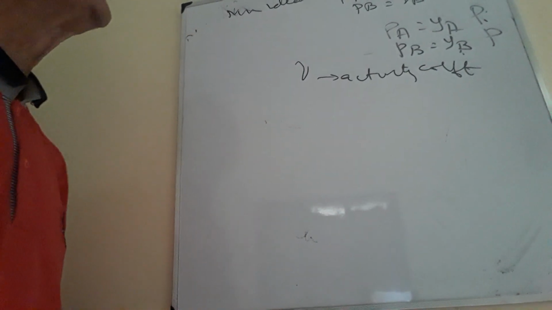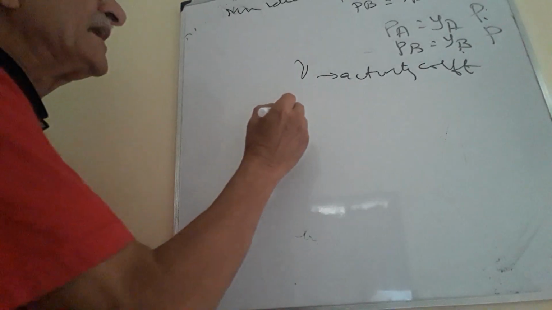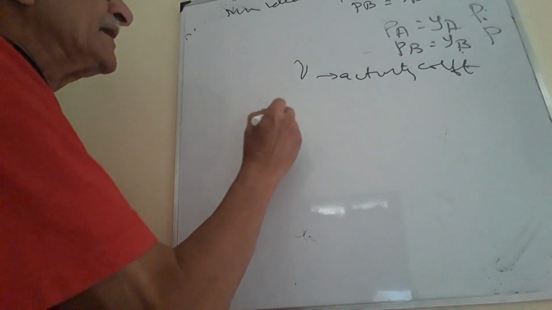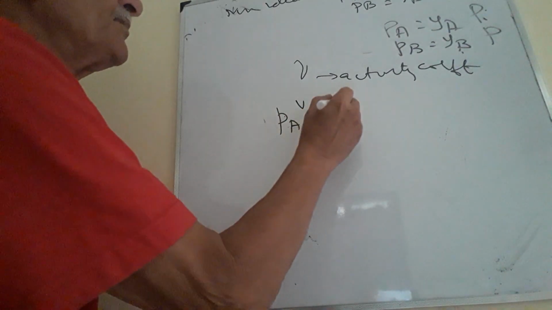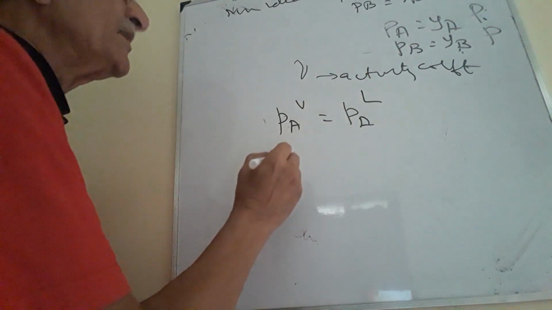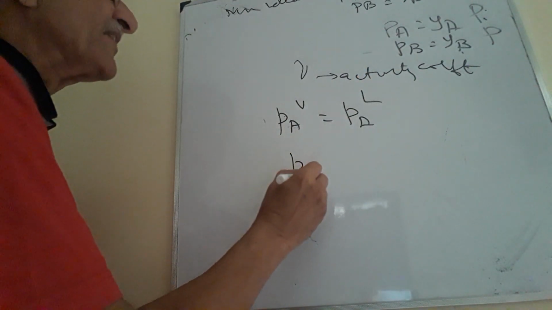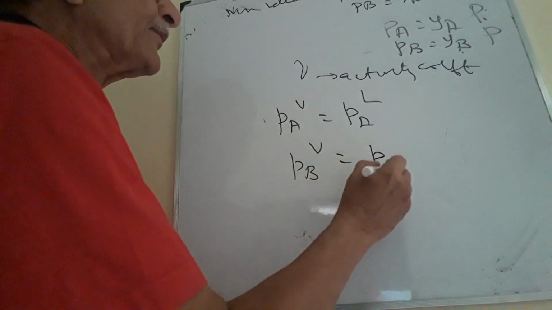Now at equilibrium, I told you, fugacity is the same as pressure. Then we can say the pressure PA in the vapor phase is equal to PA in the liquid phase. Similarly, PB in the vapor phase is equal to PB in the liquid phase.